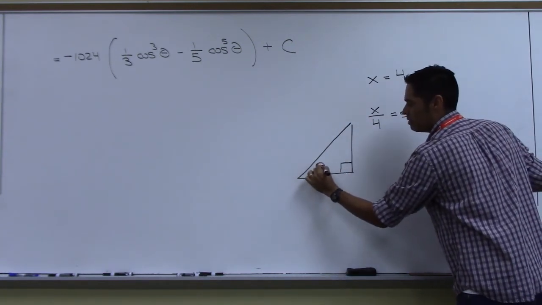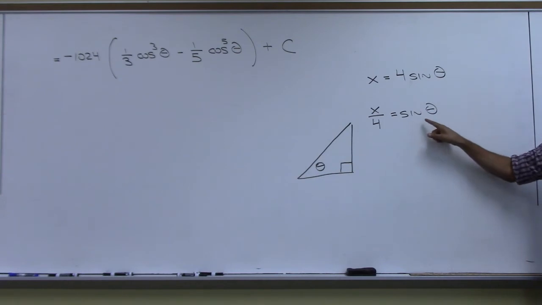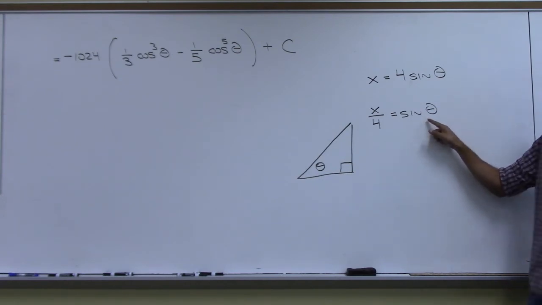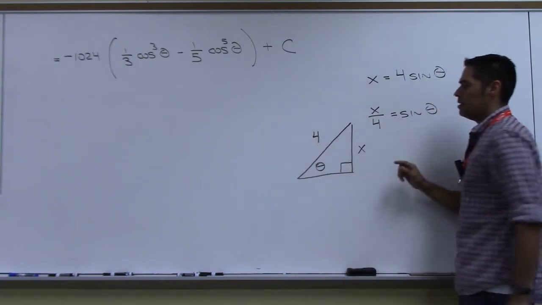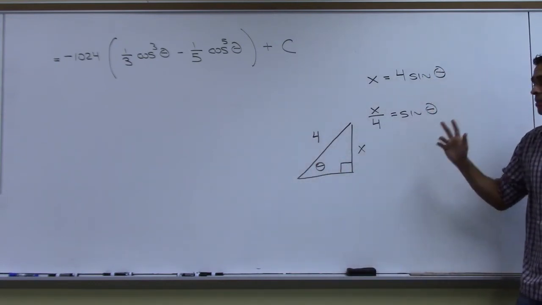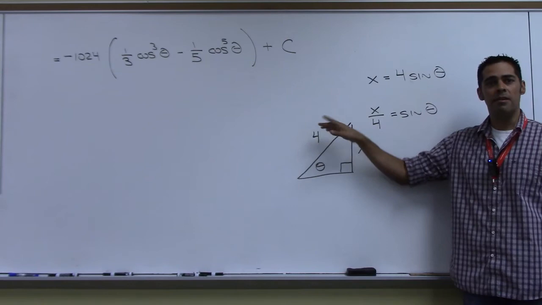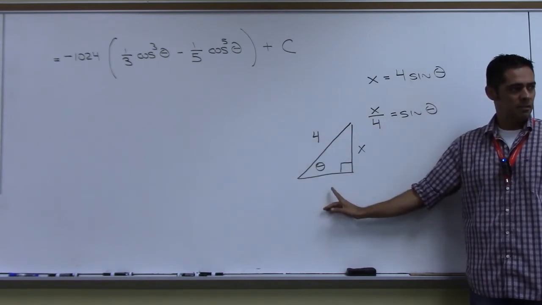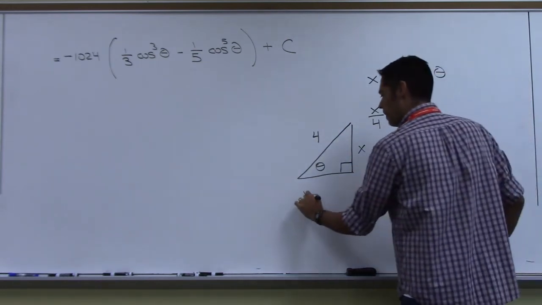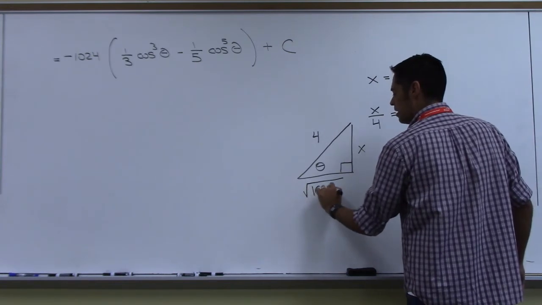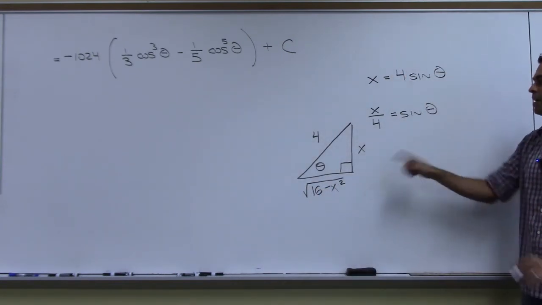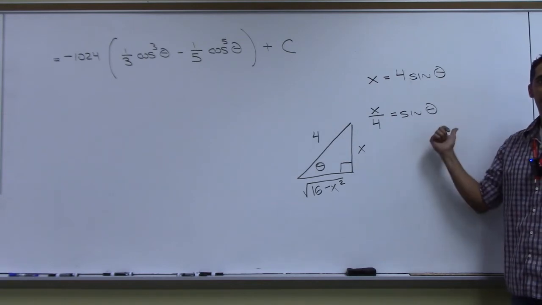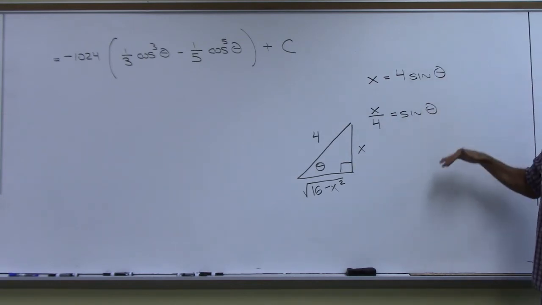Reference triangle. Sine of theta is what side over what side? Opposite over hypotenuse. Cosine of theta is what? Adjacent over hypotenuse. Can you get the adjacent? Yes, you can. It's root 16 minus x squared. Now look, we could have cheated. We knew this already. Remember when we wrote down those things?